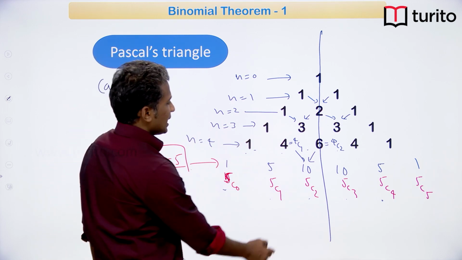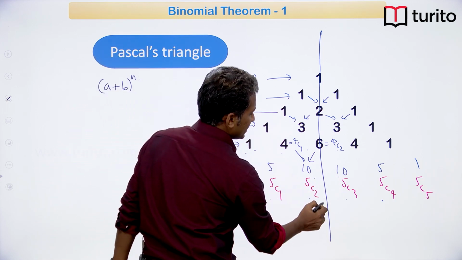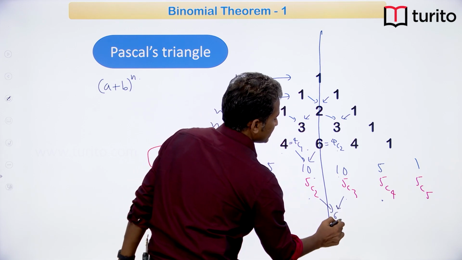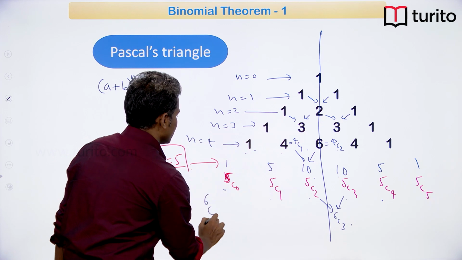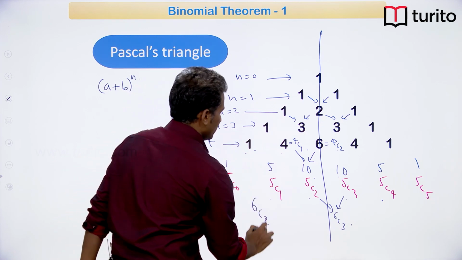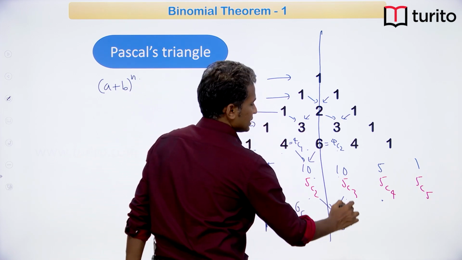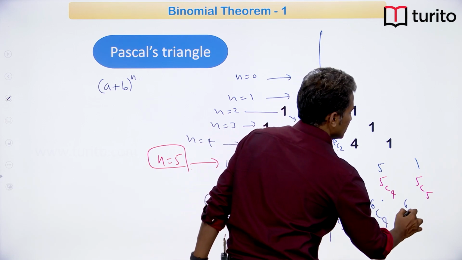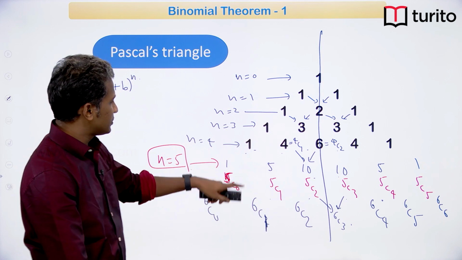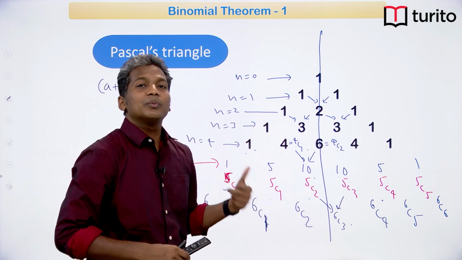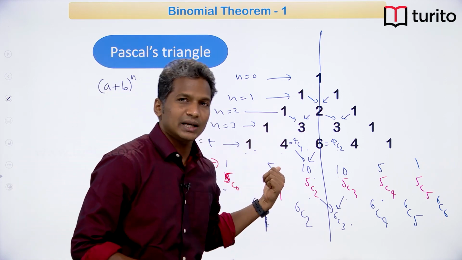Similarly, let us say I add 5c2 and 5c3, I will be getting 6c3 here. So if you start from the beginning, this is 6c0, here 6c1 and here 6c2, this is 6c3, this is 6c4, 6c5 and 6c6. Okay. So here you can observe that it is actually the property based on which Pascal's triangle is built.